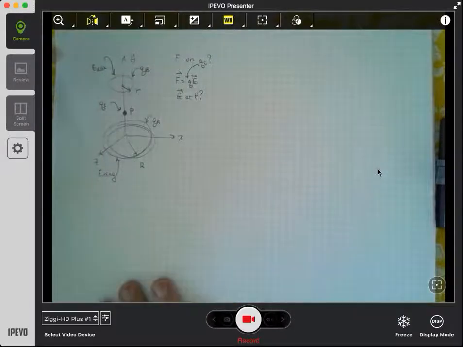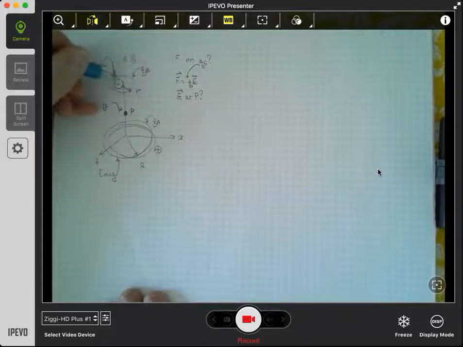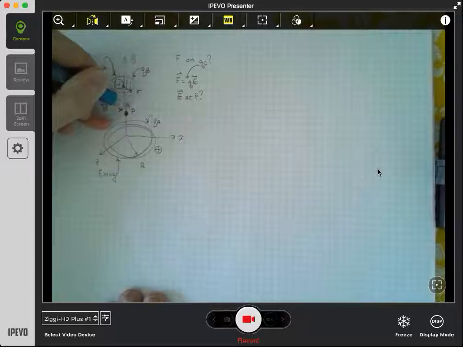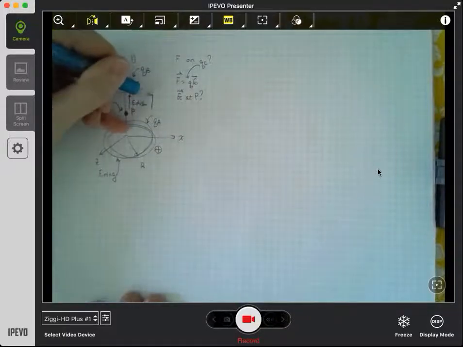Now, let's give this one a negative charge, and let's give this one a positive charge down here. Okay, so at P, the E field due to the disk up here points towards the disk because it's negative. And the E field due to the ring at P also points up because it's pointing away from the ring, which is positive.